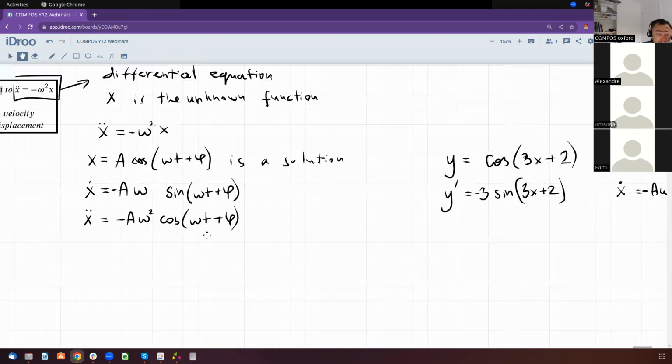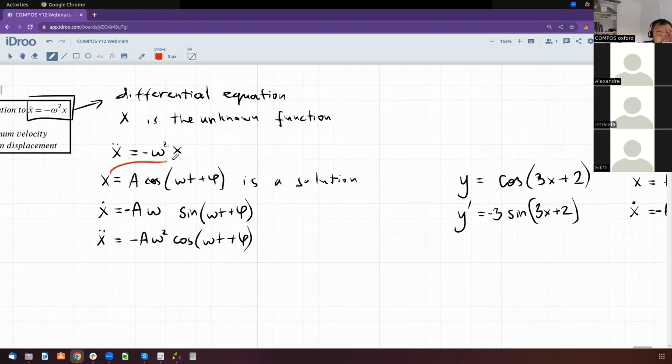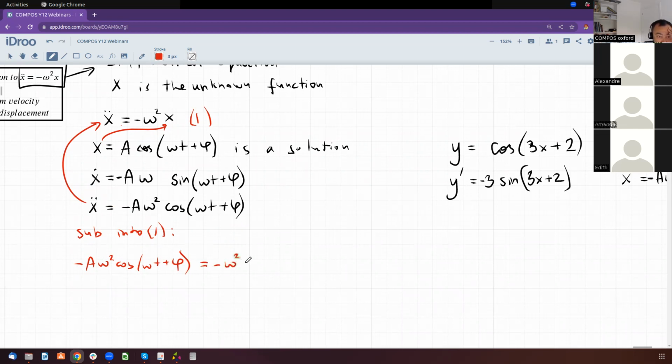And now we substitute that into the original equation. We substitute x into here. We substitute x double dot into here. So substituting into, let's call it 1, we have minus a omega squared cos omega t plus phi is equal to minus omega squared multiplied by a cos omega t plus phi.